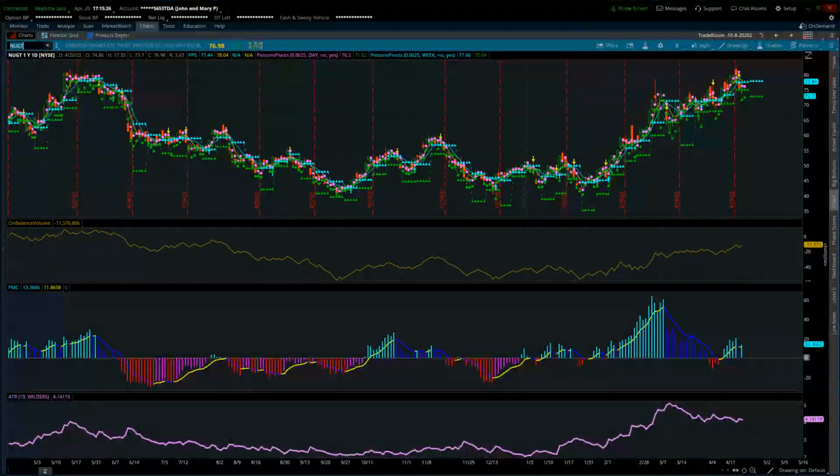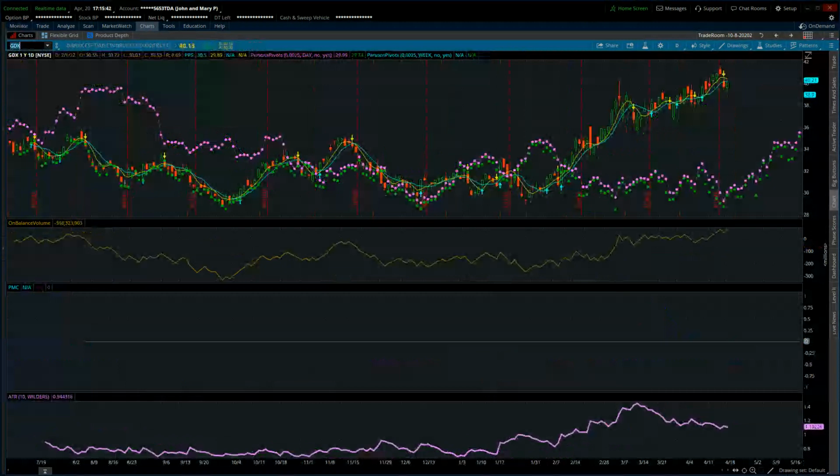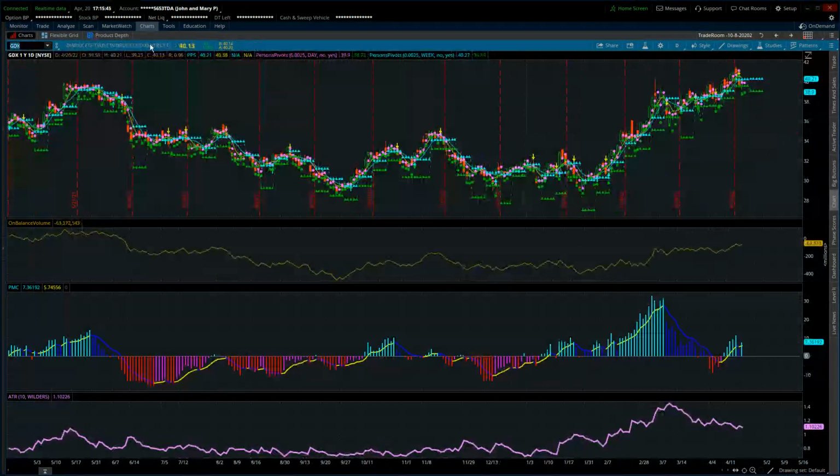If you're looking at a leveraged ETF, I always say it's more for short-term trading, and people look at the overall market or the underlying instrument, which is GDX, the gold miners ETF. So the Nugget is a leveraged ETF on the movement of the underlying GDX.